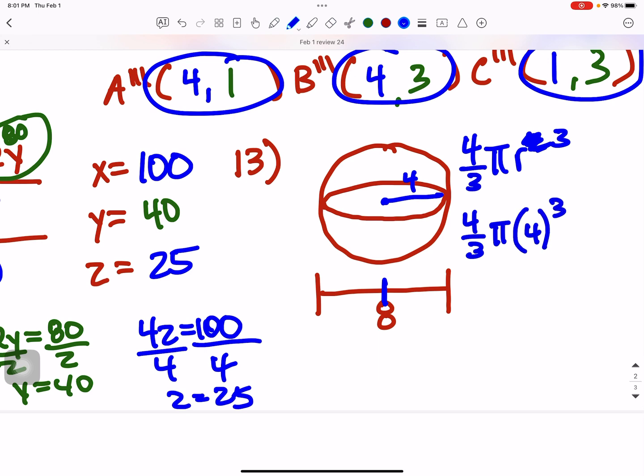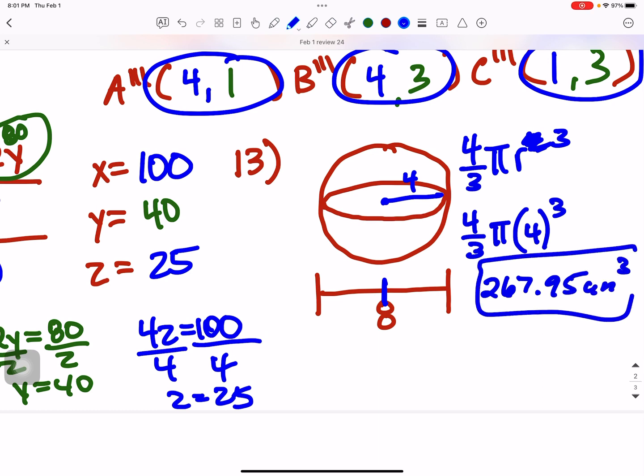All right, let's do that. 4 divided by 3 times 3.14 times 4 times 4 times 4 equals, let's see, is that right? 4 divided by 3 times 3.14 times 4 times 4 times 4, 267.95 units cubed. There we go.